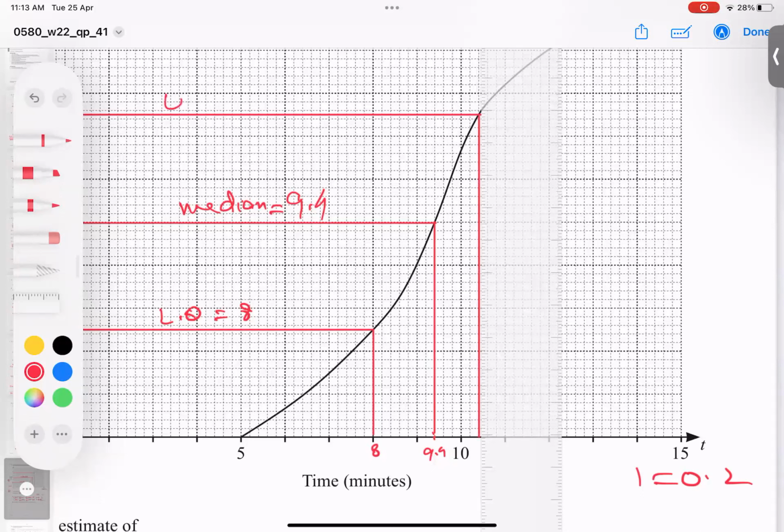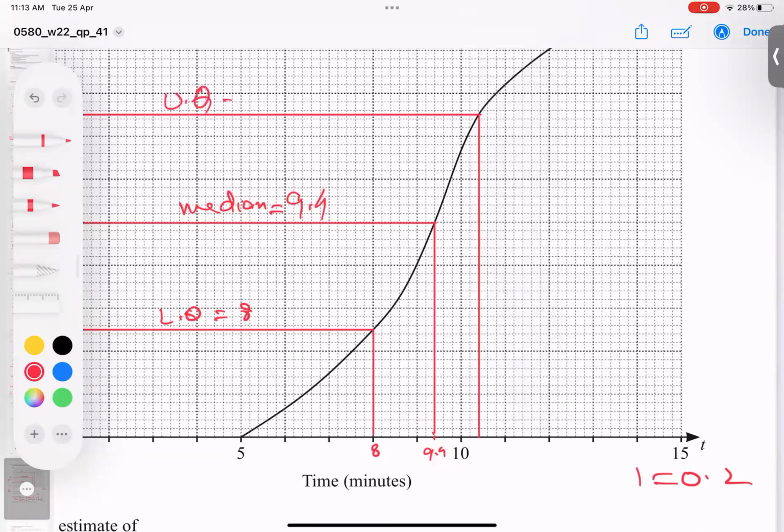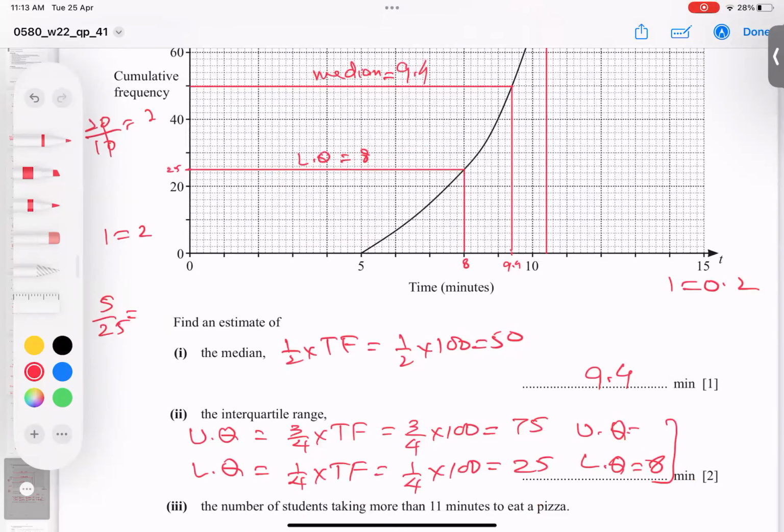Okay, this is the upper quartile, and I'm writing the final answer. What was one box? 0.2. So 10.2, 10.4, it is 10.4. I hope this part is also clear. 10.4.